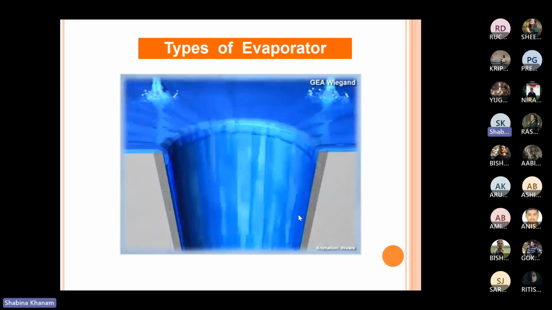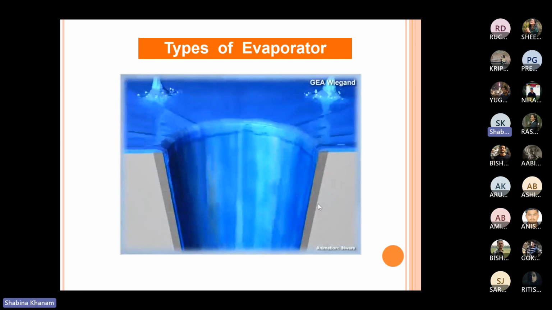In this way, liquid is fed inside the tubes. It has multiple tubes, and inside the tube, liquid is filled, and you see that it fills as if it is making a thin film around the inner periphery of the tubes. Because it is moving down, that's why it is called falling film.